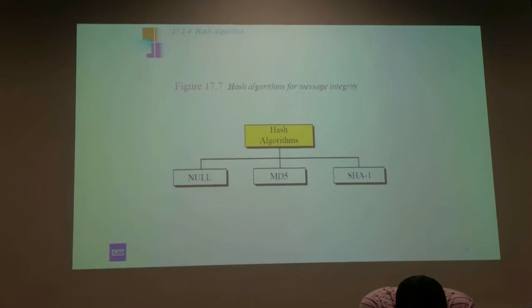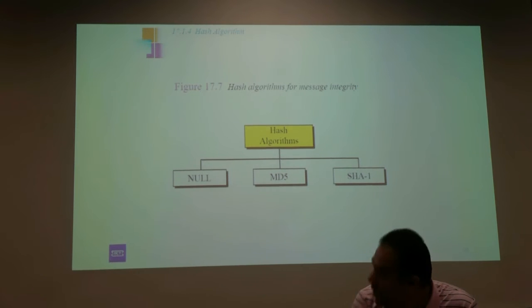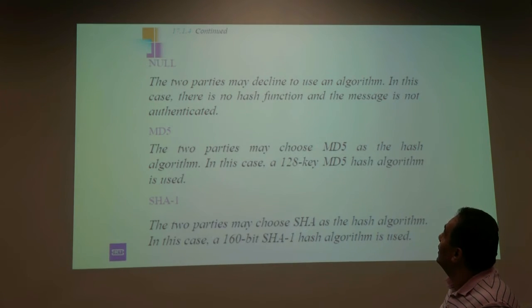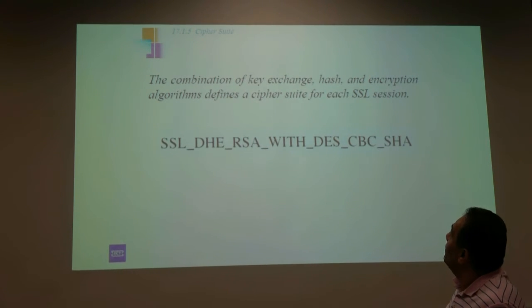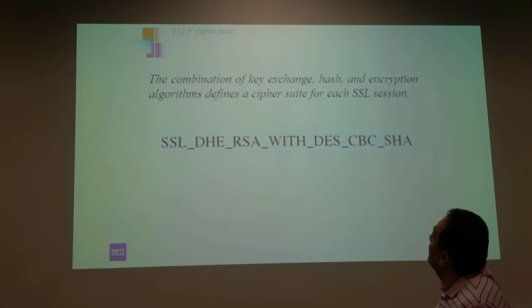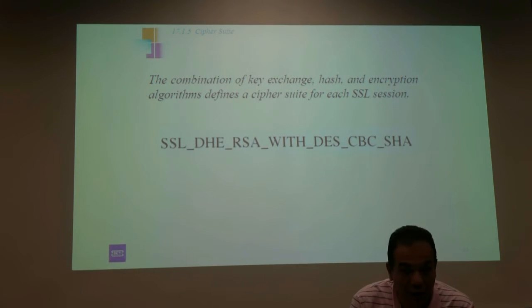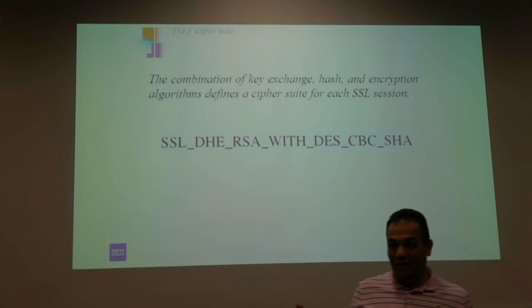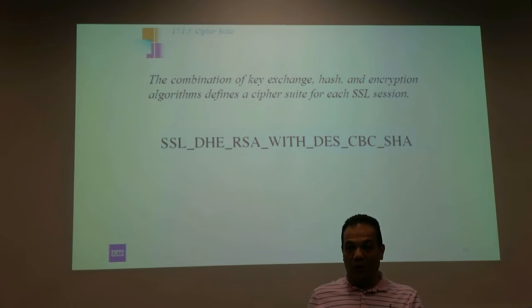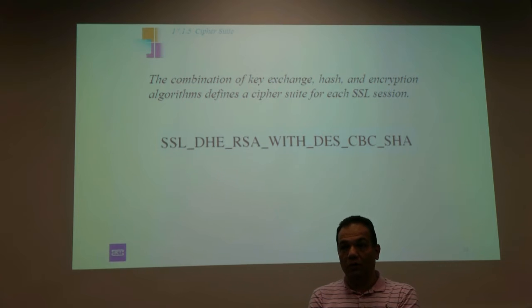Now when you take a look at the cipher suite, we have a suite, right? We have 6 options for key exchange, 6 options for encryption, and 3 options for hash.